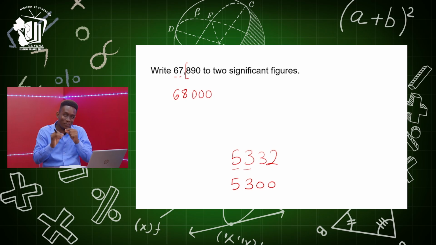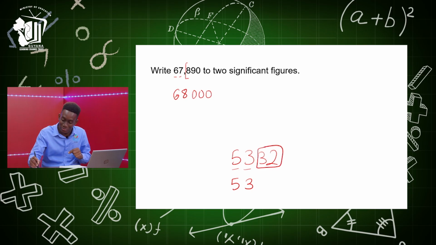Now, do not make the mistake when doing significant figures of forgetting to add 0 to these numbers. 5,332 cannot be the same as 53. The whole purpose of rounding off is not to change the value of a number, but is to make it easier to write, easier to call. Many students make the mistake of leaving out the other digits.